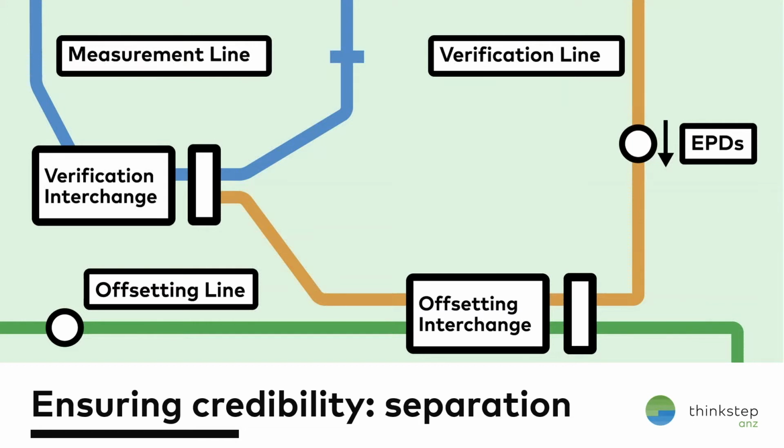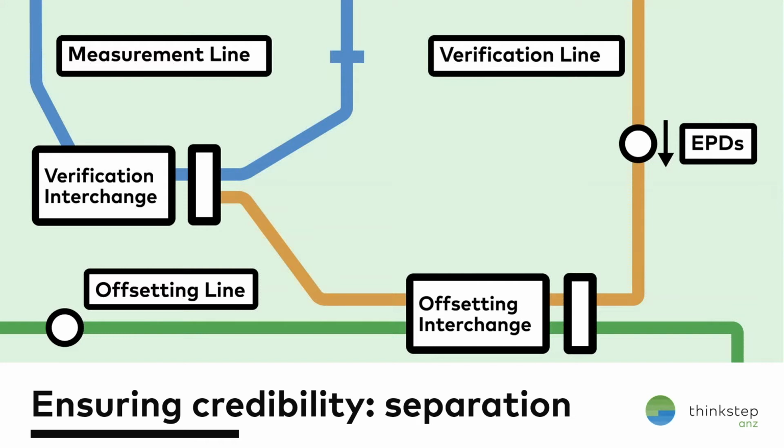For example, the Climate Active program in Australia, formerly known as the National Carbon Offset System, would recognize a product EPD for the offsetting process. So you don't have to actually do the carbon footprint calculation again and have to get that verified again, but the EPD counts. So that's a shortcut.